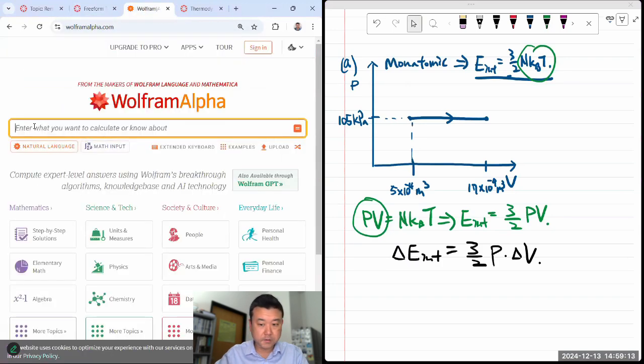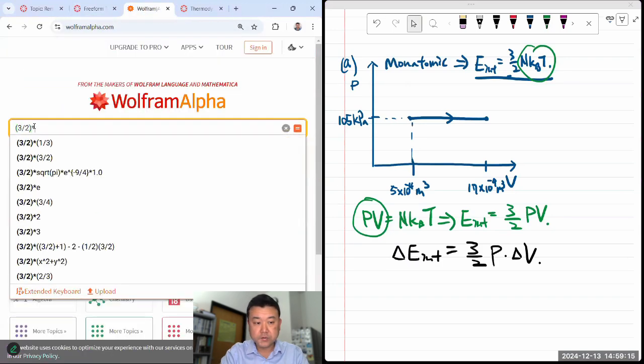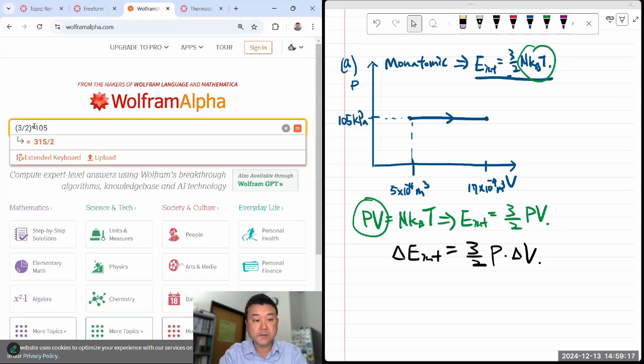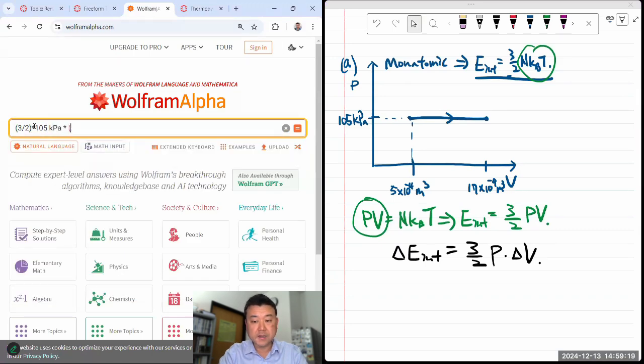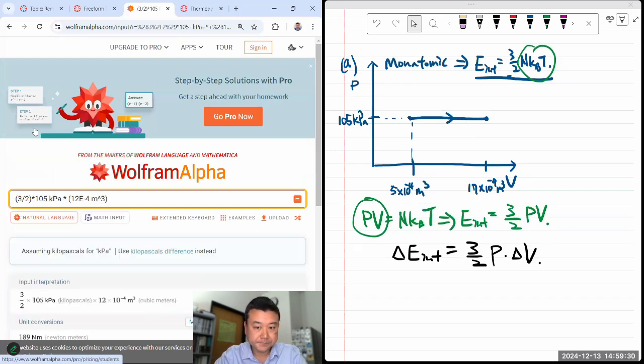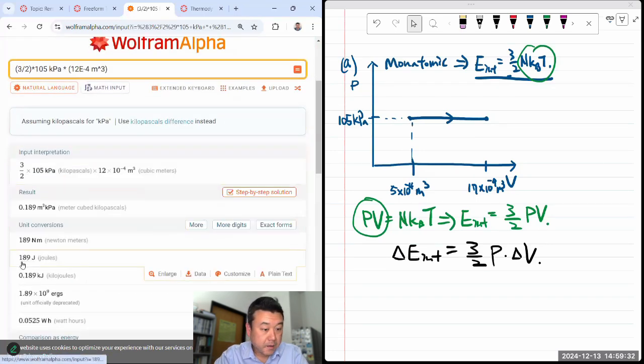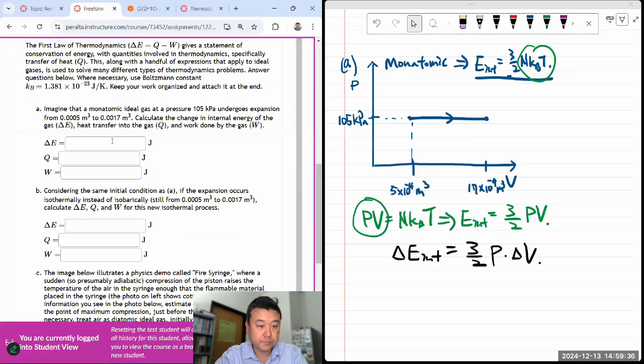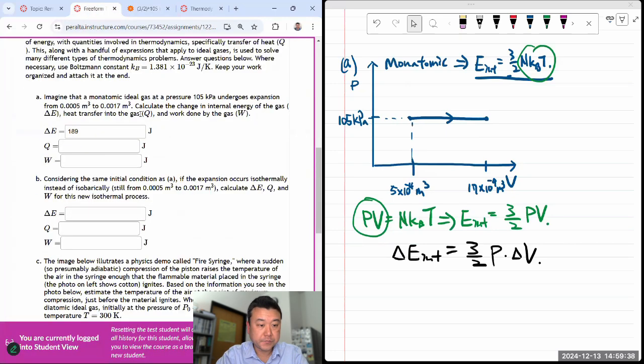Yeah, I think I have all the numbers. 3/2 times pressure, 105 kilopascal, times the change of volume, which would be 12e minus 4 meter cubed. I did a difference in my head. It's quicker. 189 joules. 189 joules. Good.